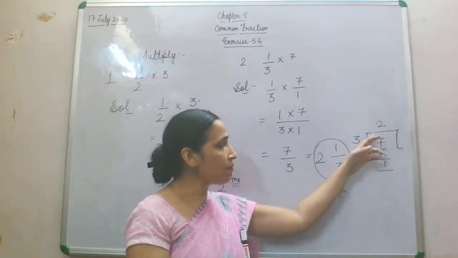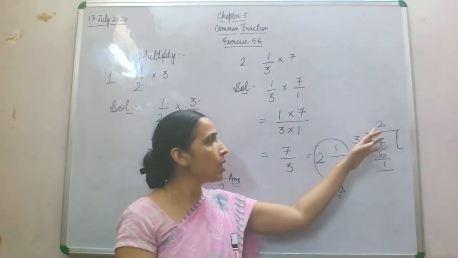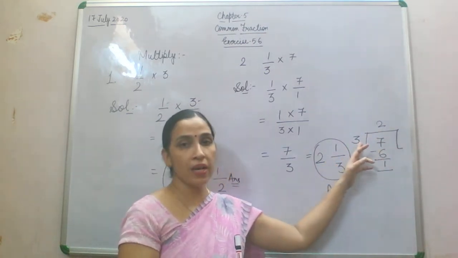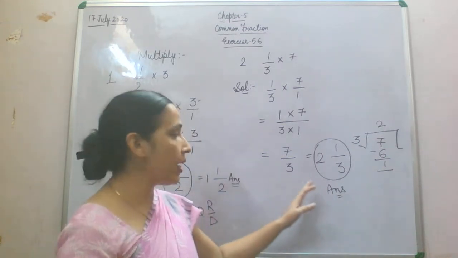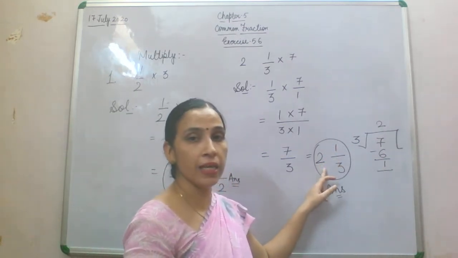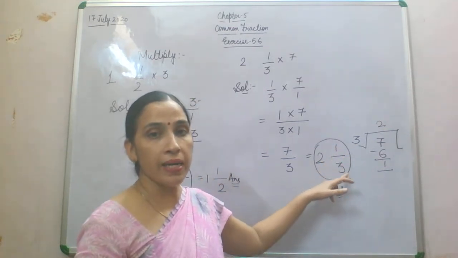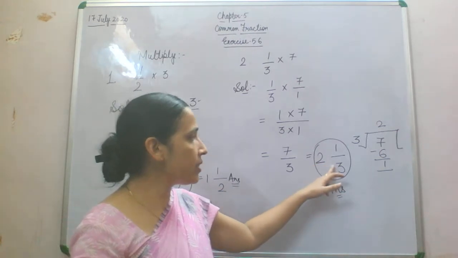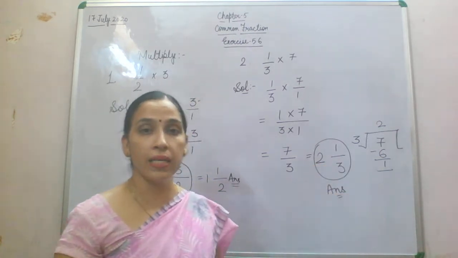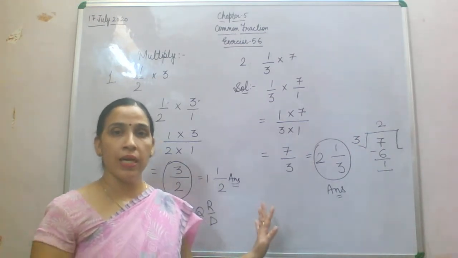We will divide it. After doing division, we will get the quotient, remainder and the divisor which we already have, and the method to write it is QRD. Quotient we will write as the whole number, then remainder we will write above the divisor. So this will be the step QRD.